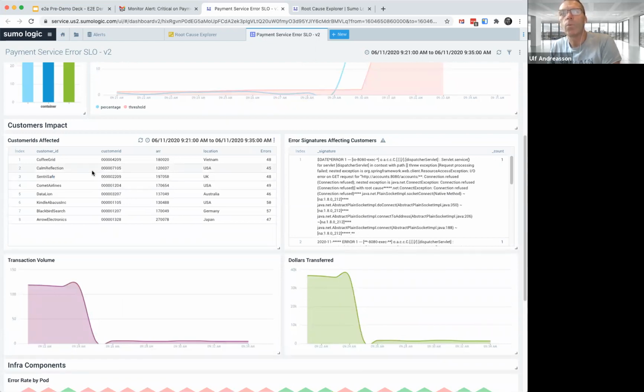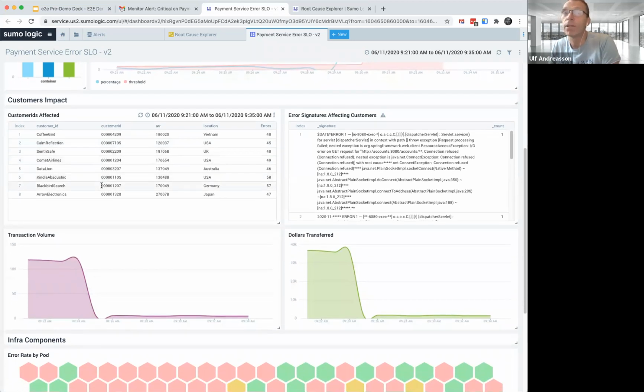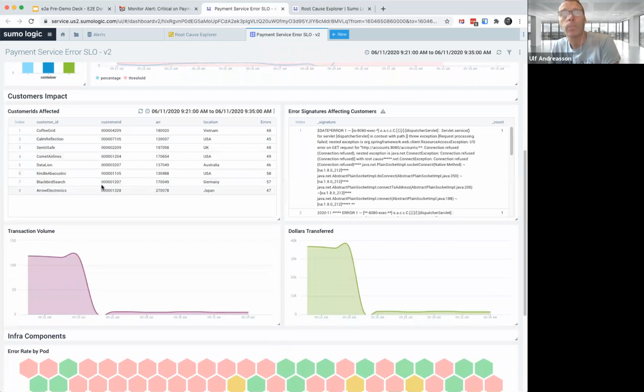And of course, the beauty with this is that knowing who's affected, I can let my customer support team contact those customers or do something with those customers to make sure that the impact is as minimal as possible. So that's very good to be able to do, and we can swiftly move on and make sure that everyone's happy so far, or at least as happy as they can be.